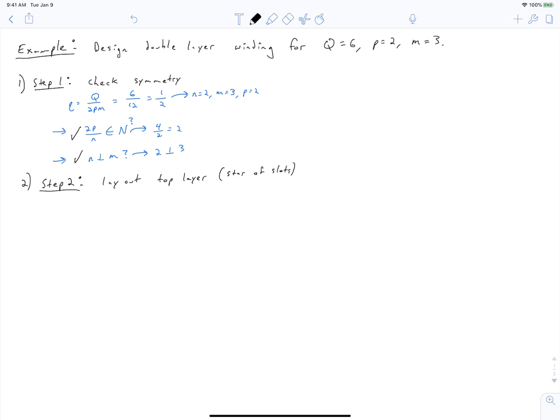And our second step is that we must use the star of slots to lay out the top layer of our winding. Again, why don't you go ahead and practice this on your own, press the pause button, and press play when you're ready to watch me do it.